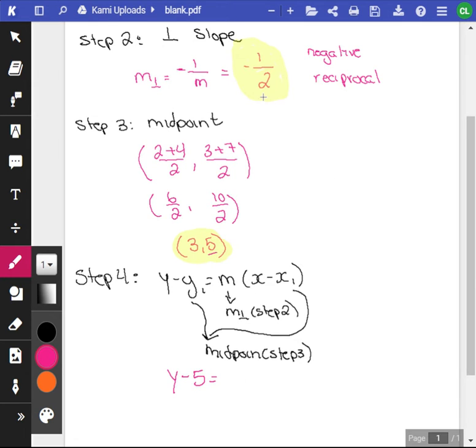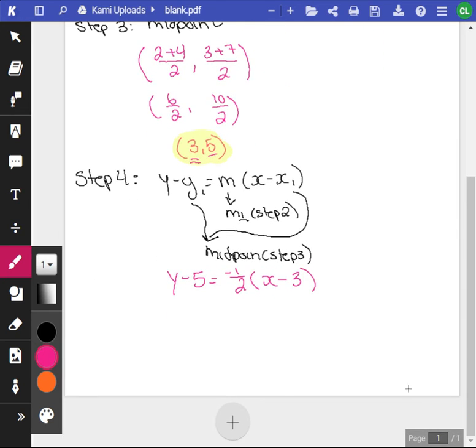Remember, we want the perpendicular slope from step 2, the negative 1/2, times x minus, again, we want our midpoint, 3. So our good old final step is to write it in the form y equals mx plus b.